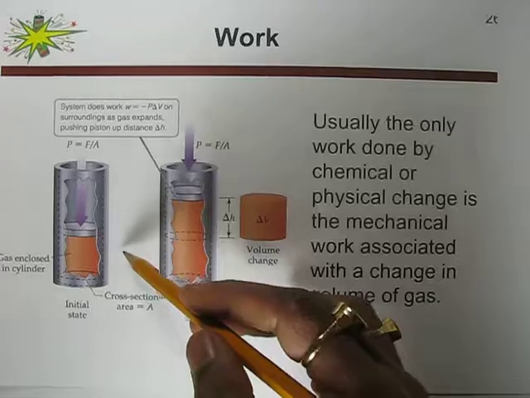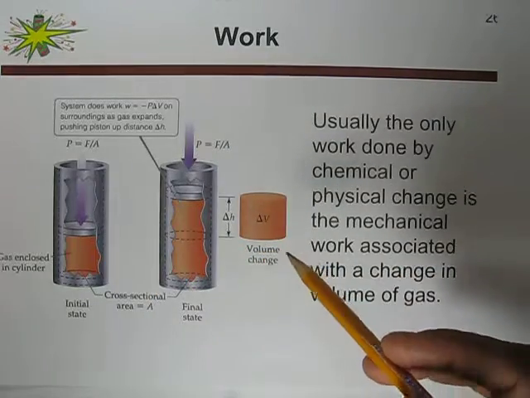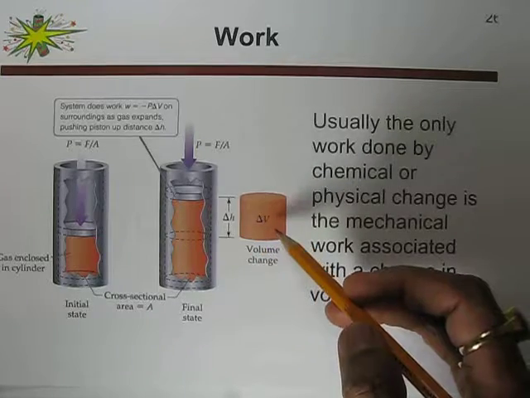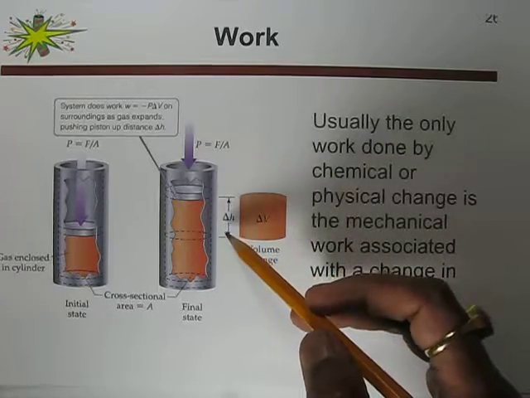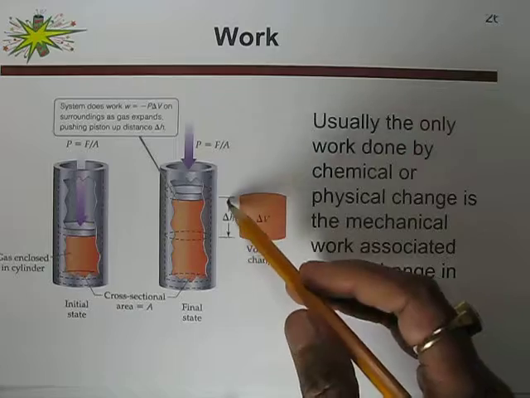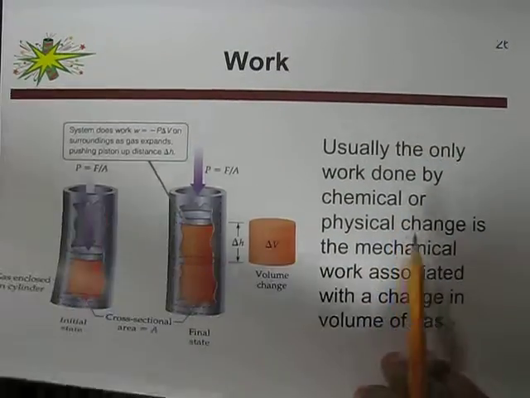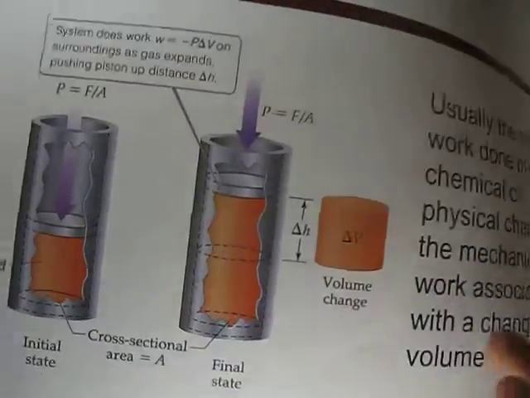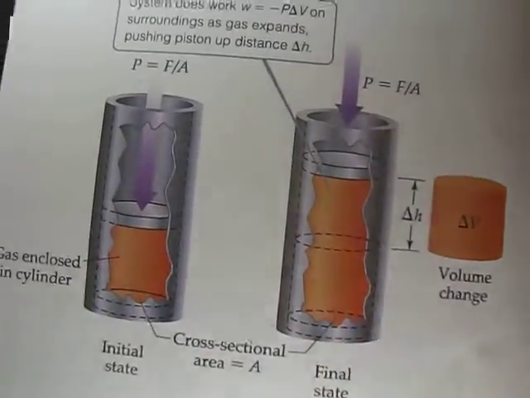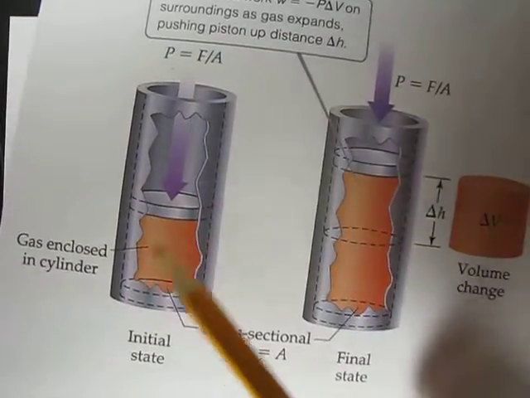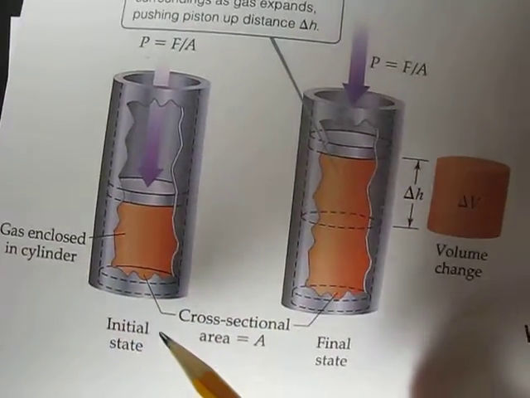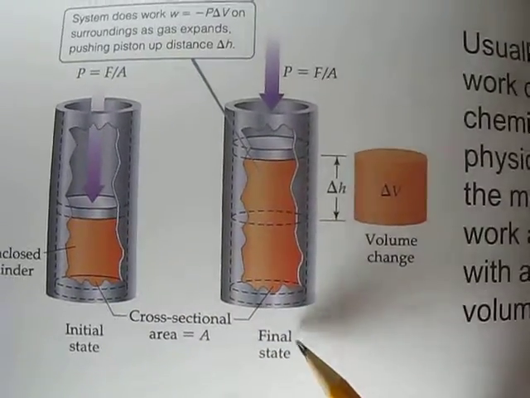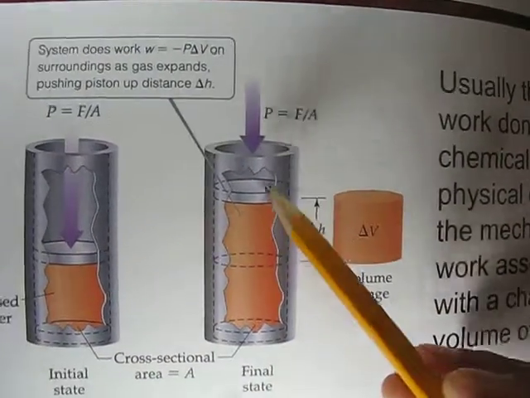So this is the initial state, this is the final state, and we can calculate the total volume change by finding the distance or height moved by the piston. So we can calculate the work done by the system. Here the gas is enclosed in the cylinder, this is the initial state, the cross-sectional area is A, and the final state is from here.